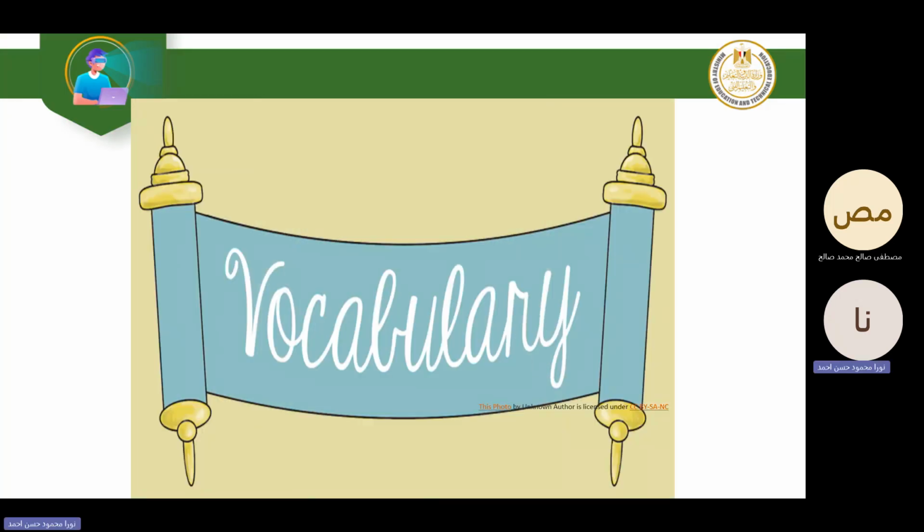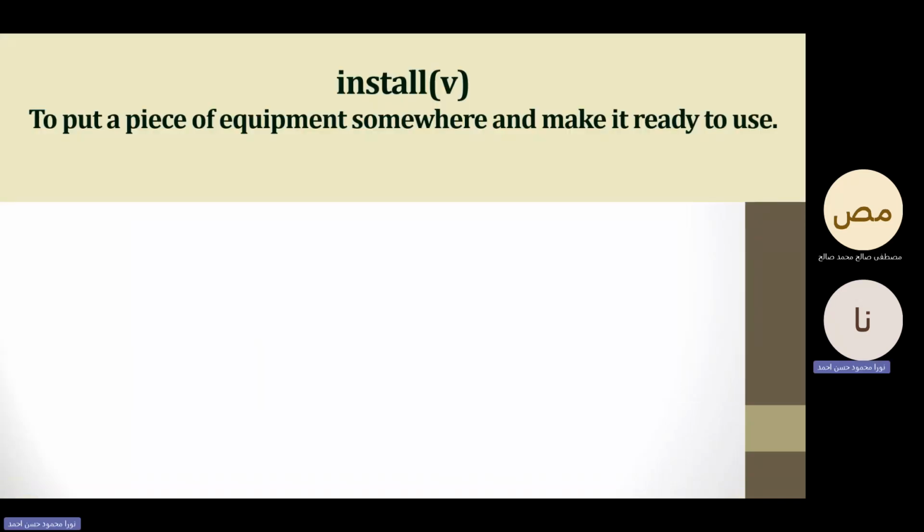Okay, vocabulary. We will learn vocabulary in the reading section, in lesson 1. The first word here is install. Install, it's a verb. To install means to put a piece of equipment, like the solar panels. You remember? The man was installing them at the top of the building.